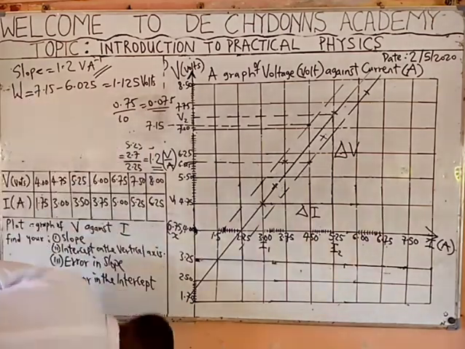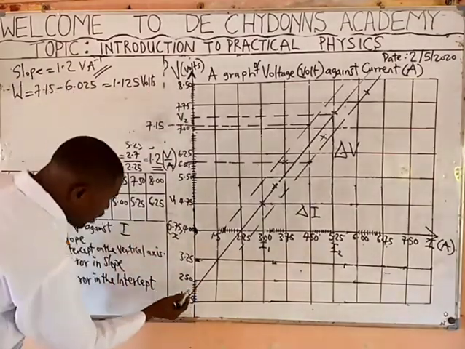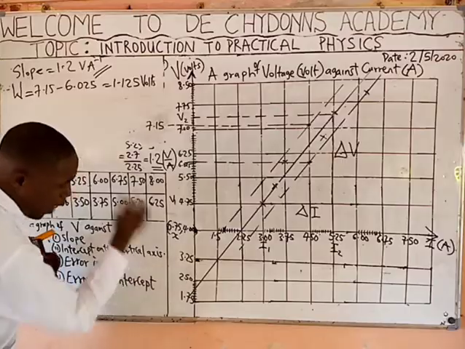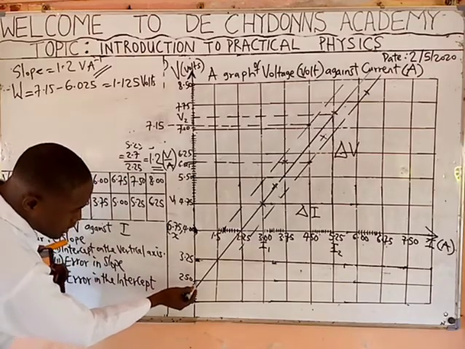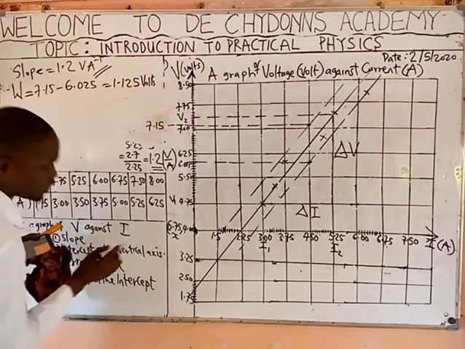Okay? So what you do is you now say 0.075, that is for one small box, times how many points? 1, 2, 3, 4, 5. 5 spaces.